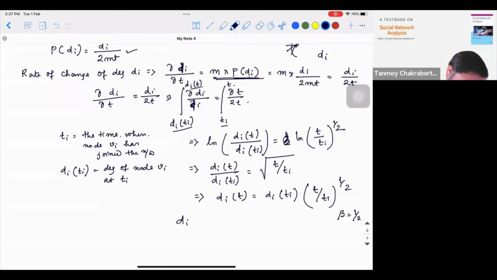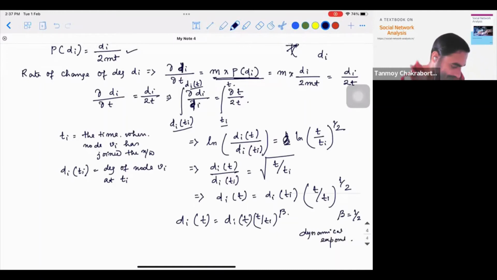So this would be di(ti) times t by ti to the power beta, right? So this beta, which is generally half, is called the dynamical exponent.